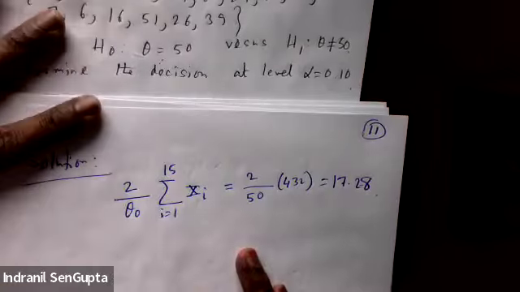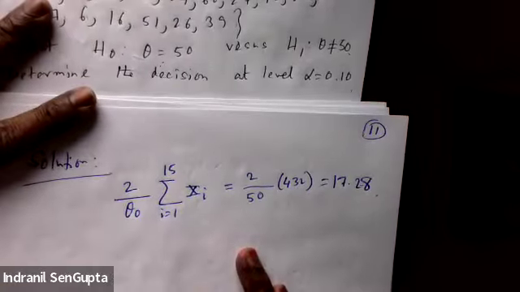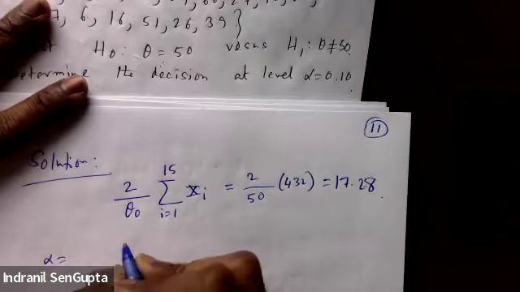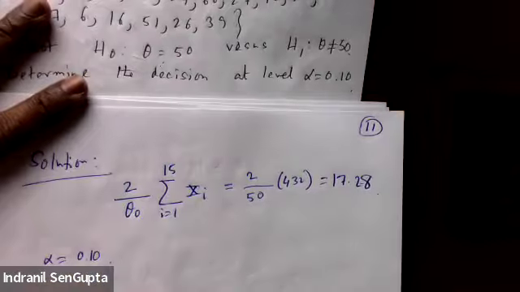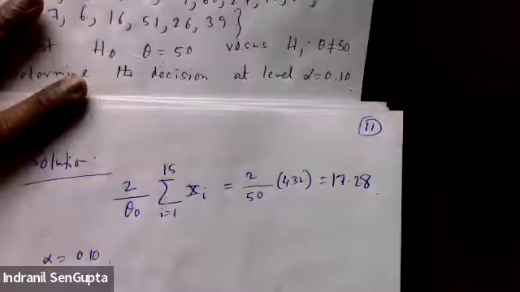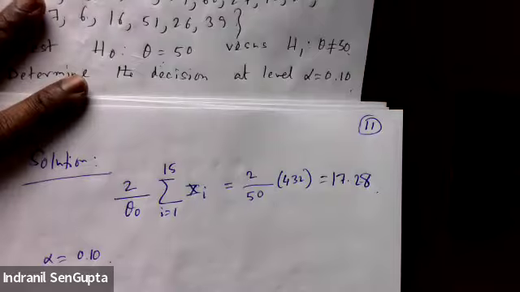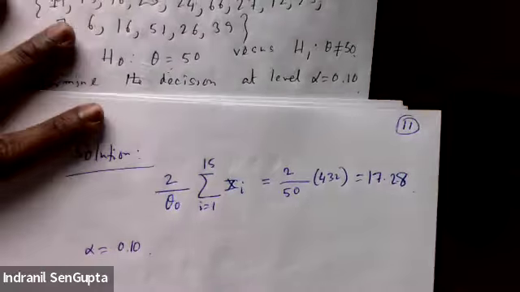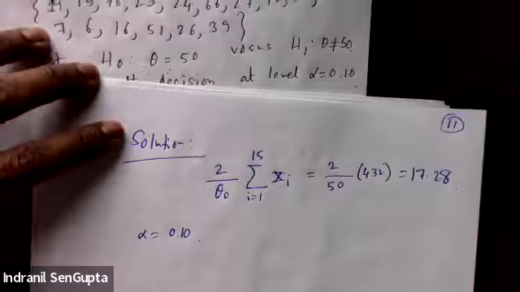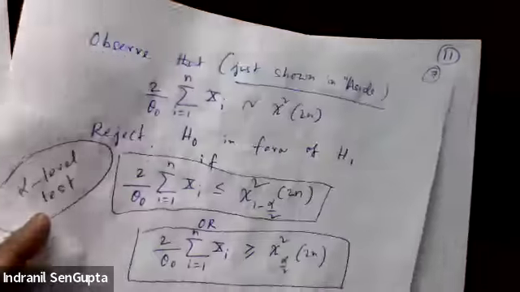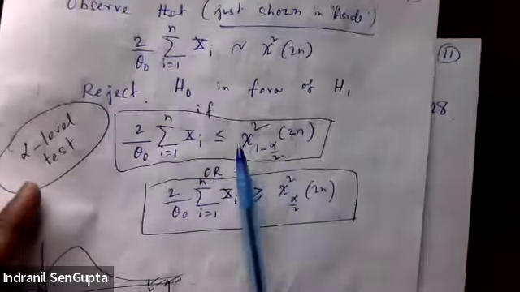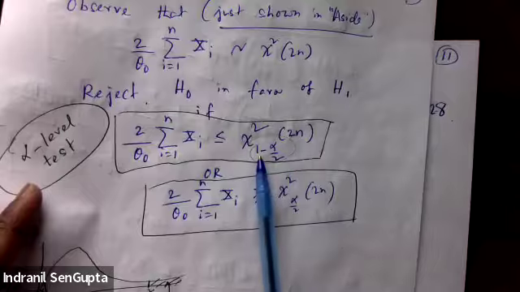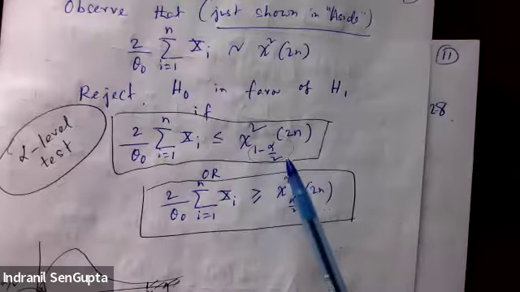Okay. Now, our significance level alpha is given to be 0.10, right? So if we look at the previous test, here is what we have. It's less than chi-squared of this quantity, with 30 degrees of freedom.